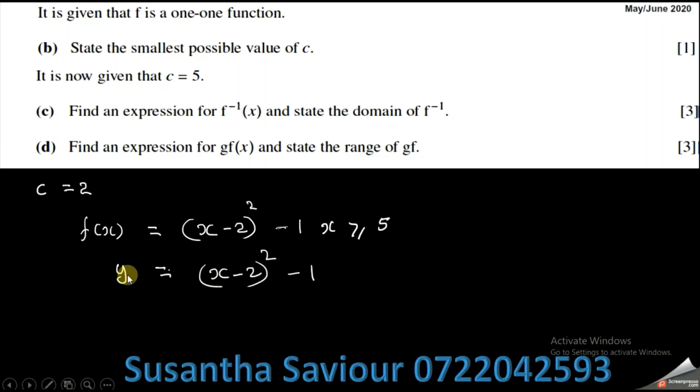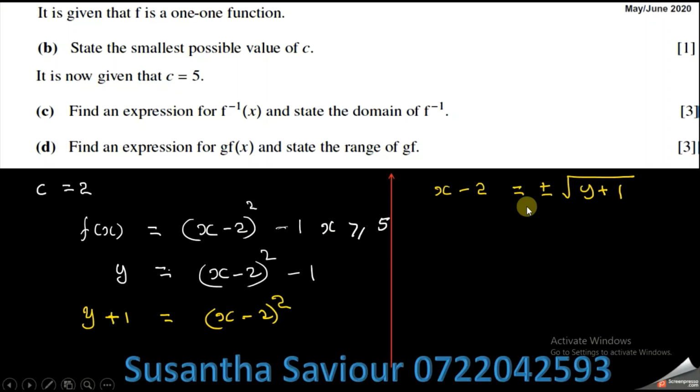Now you can find the inverse. This is the typical process, y equals this, and then y plus 1 is equal to x minus 2 squared, and then you get x minus 2 is equal to square root of y plus 1, then x is equal to 2 plus square root of this one, because our range of this one should tally in the domain, right?